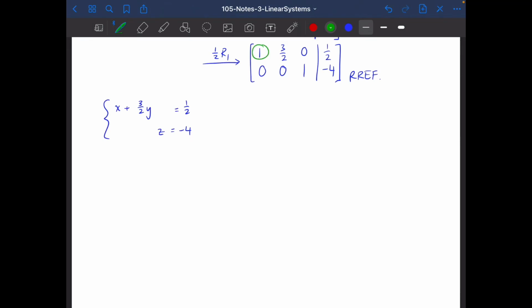I have 2 leading 1s. And so my leading variables are x and z, and my free variable is y. And so I will set y to be equal to t.